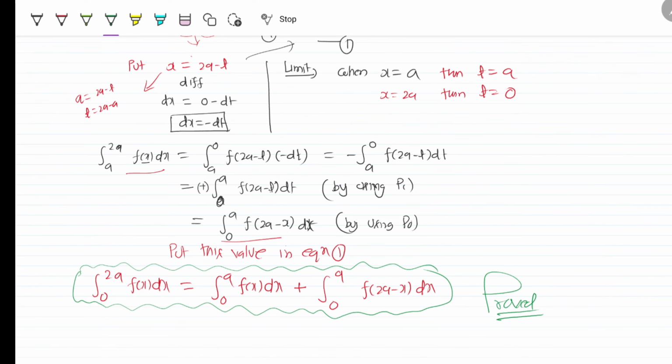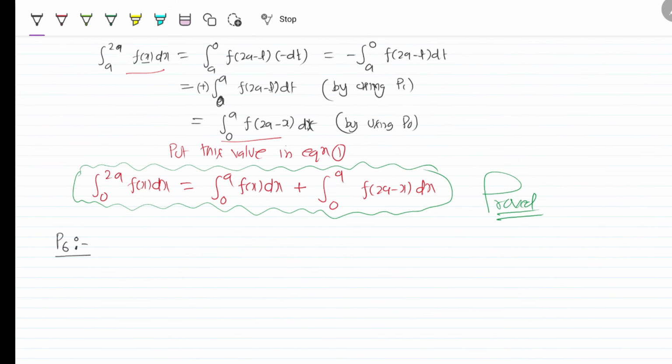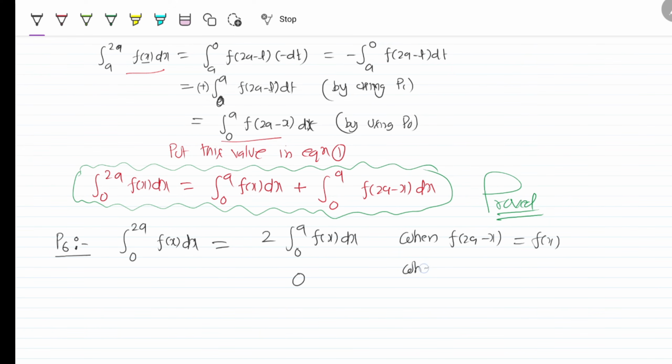Next, see property number 7, which is the p6 property. According to the p6 property, the integral 0 to 2a f(x) dx is twice the integral 0 to a f(x) dx when f of 2a minus x is f(x), and it is 0 when f of 2a minus x is minus f(x).